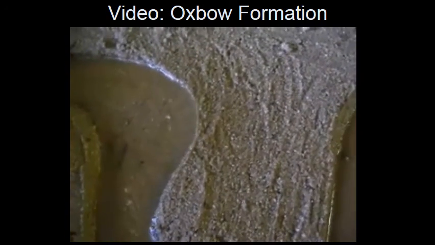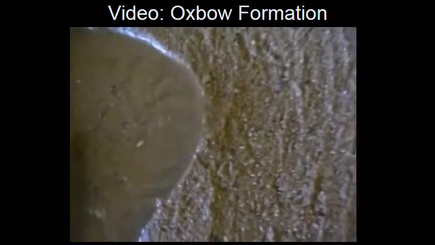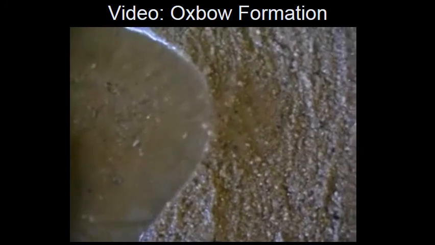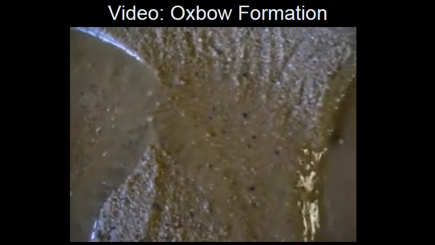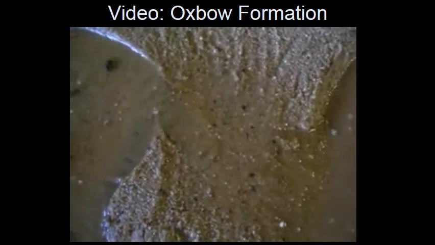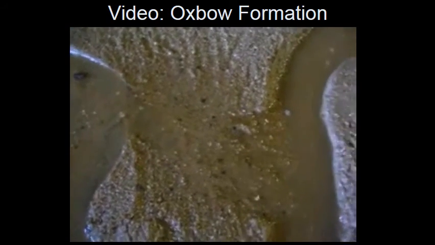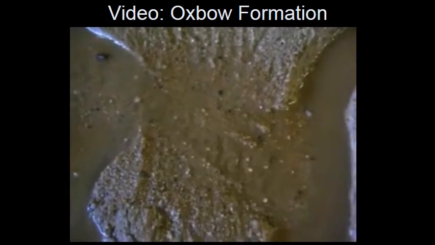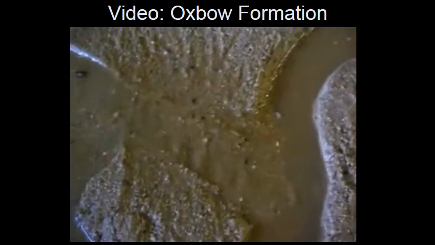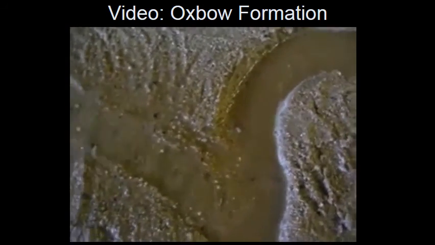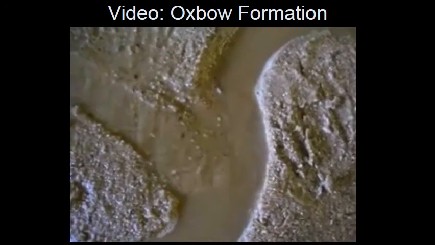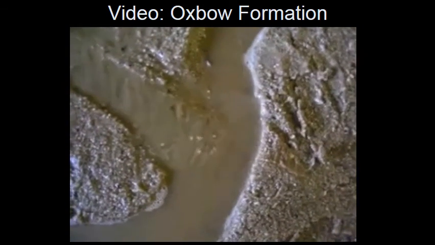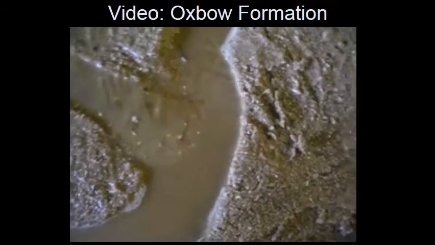Cutting into the bank. See, it's faster going in and up. There it goes, it's breaking. Look at this one. And it's creating steep, finding the less steep grade. And now it's coming down with the higher speed to the steeper gradient.